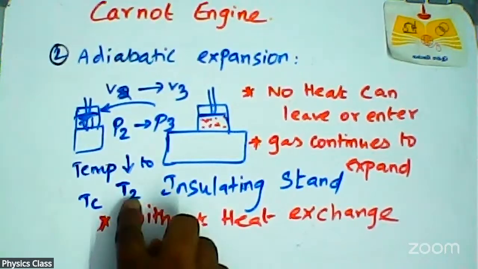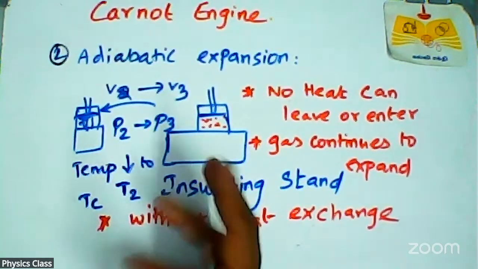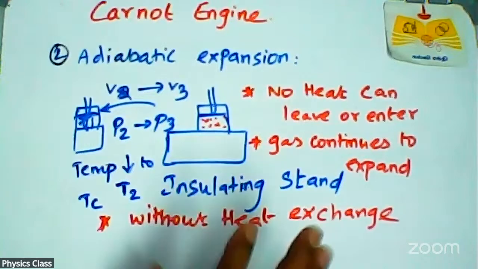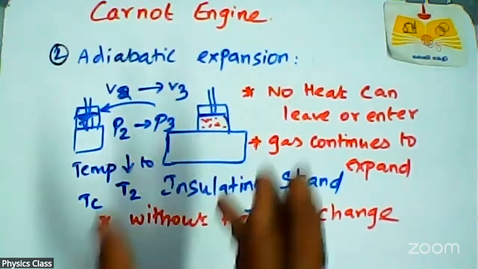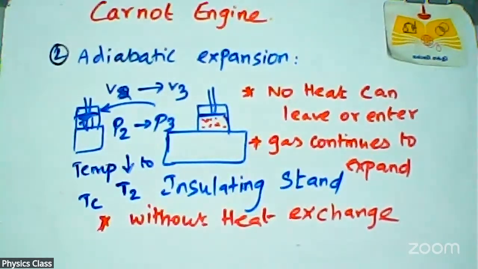Temperature decreases to TL, TC, T2, whatever you call it. Always the denominator is the lower temperature, that is the cold reservoir temperature. So this is adiabatic expansion. Clear? Then we will move into the next process, isothermal compression.